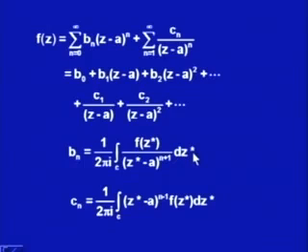Here z star is a point on this closed curve C, while the coefficients cn in the second series are obtained as 1 upon 2 pi i integral over the closed contour, and the integrand is z star minus a raised to power n minus 1 into f of z star dz star. Here again this point z star will lie on the closed curve C.